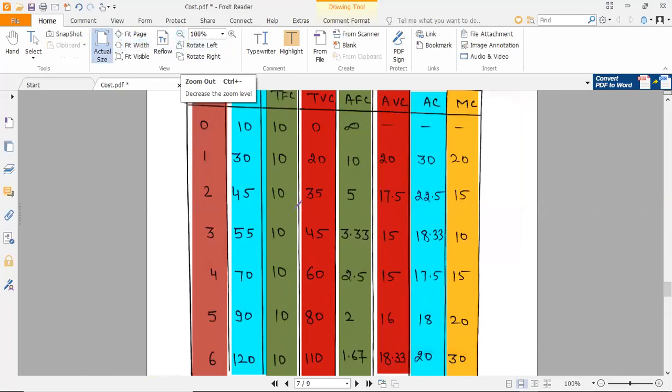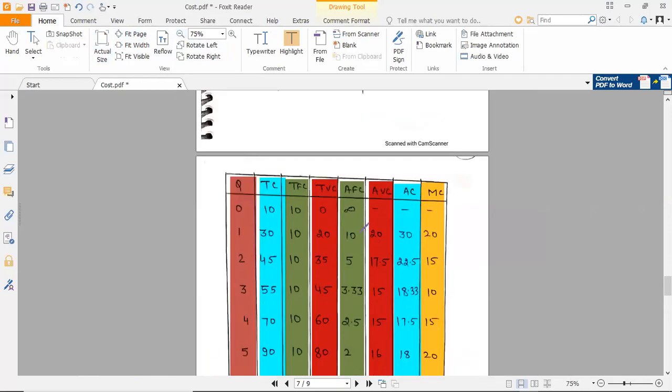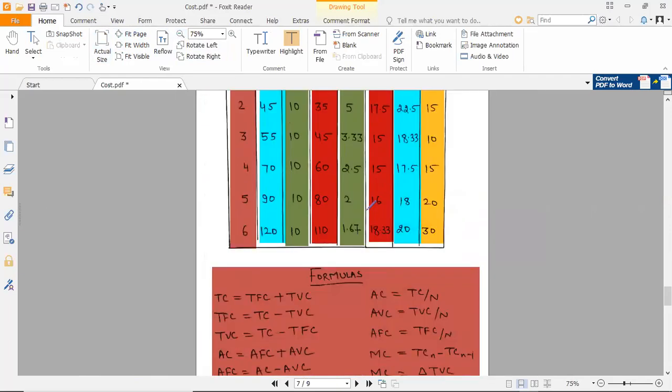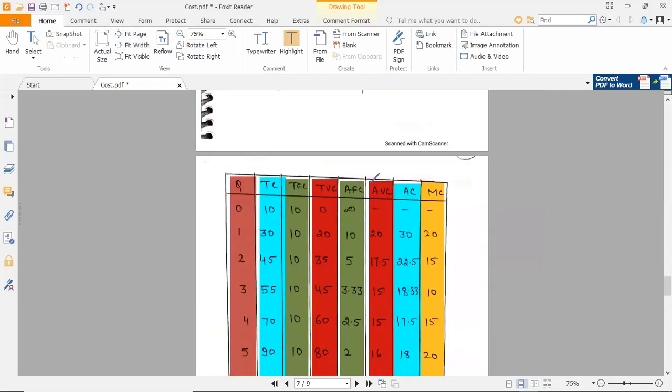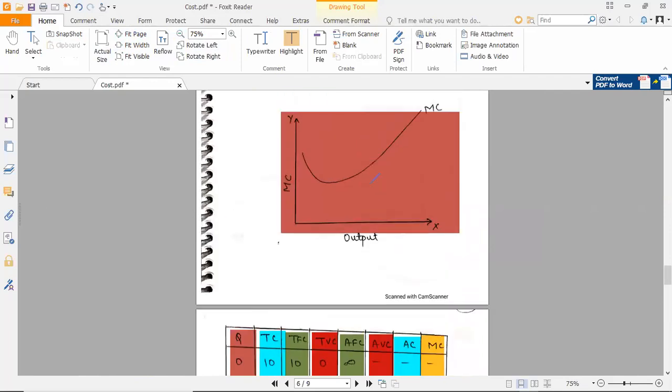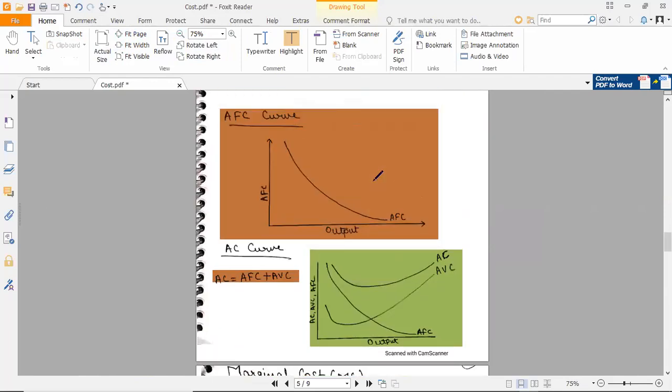Now that we have learned how all these costs are derived, we can easily make the graphical presentation. We can easily make the graphical presentation of TC, TFC, TVC, which we have already done in the last class. Now let us see AFC, AVC, AC, and marginal cost. This is AFC. This is AVC. This is AC.